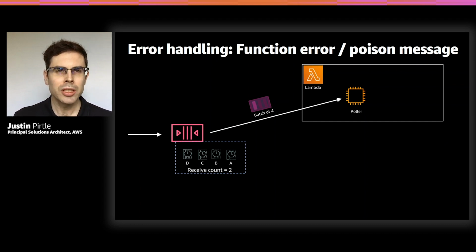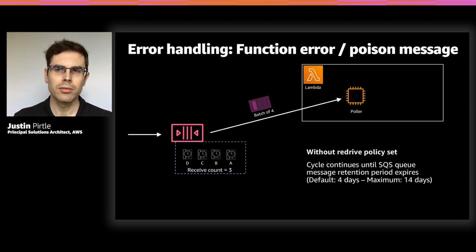Well, if it's a bad message that can never succeed, this process could continue indefinitely if you don't set something called a redrive policy. And what would happen is it would continue in a cycle indefinitely until the message expired from the SQS queue. So the default retention period would be 4 days, or the queue could be configured to keep messages as long as 14 days. But once that would hit, the message would just be gone.